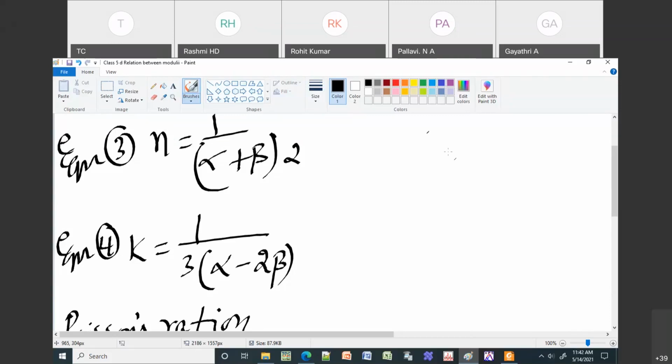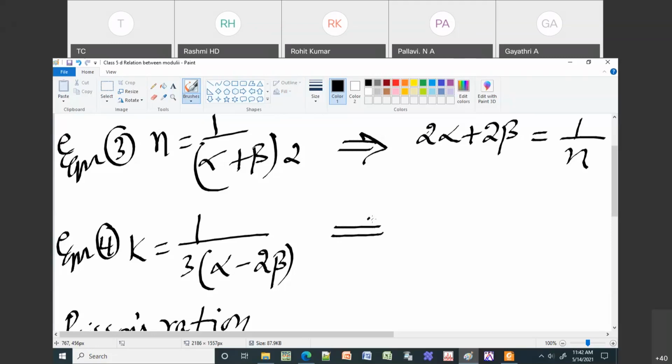It is 2 times alpha plus 2 times beta is equal to 1 by n. It was n is equal to 1 by 2 into alpha plus beta. When you cross multiply, 1 by n is on the right hand side, and on the left you have 2 into alpha plus beta, which I'm just multiplying out: 2 times alpha plus 2 times beta. Now the same thing I will do here, I'm going to take this and rearrange it.